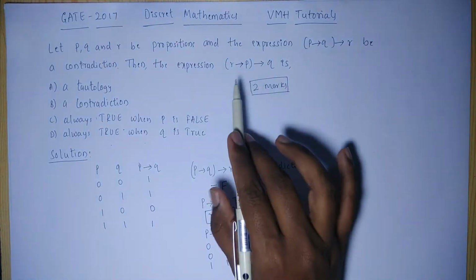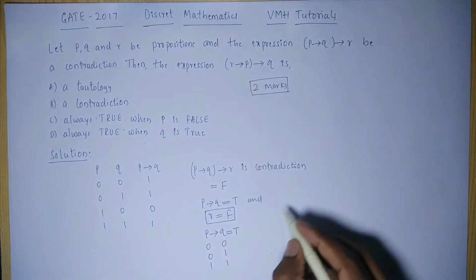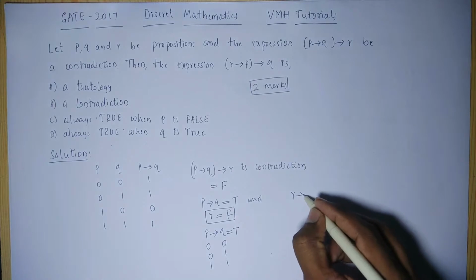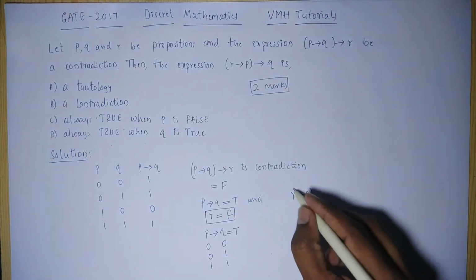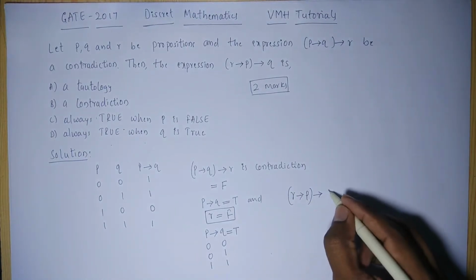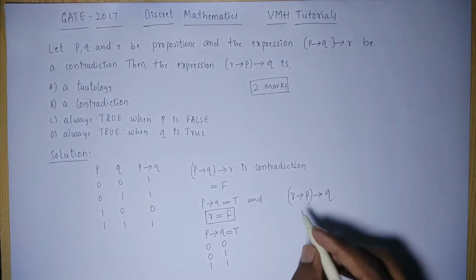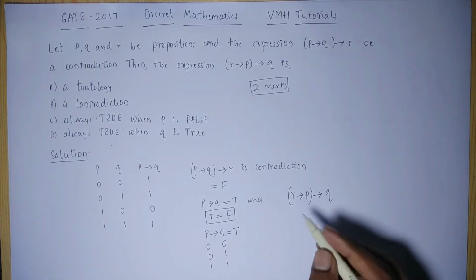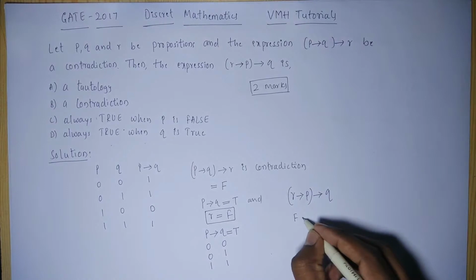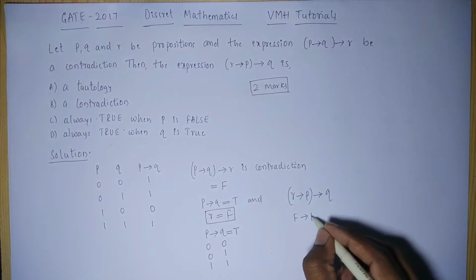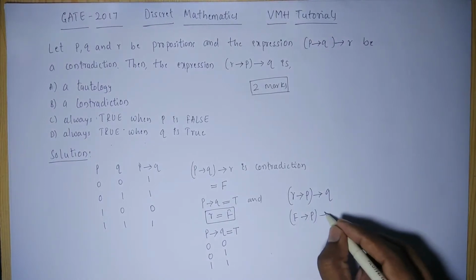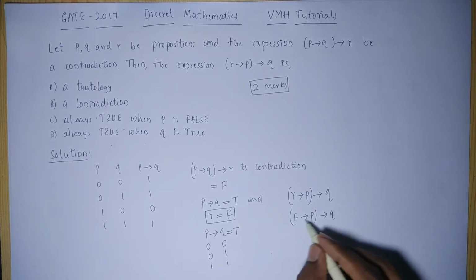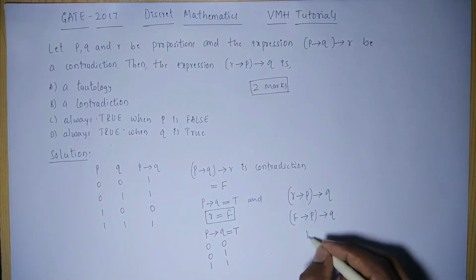Now the other given expression is R implies (P implies Q). In this case, we know that R is false. So false implies (P implies Q). False implies anything is always a true statement.